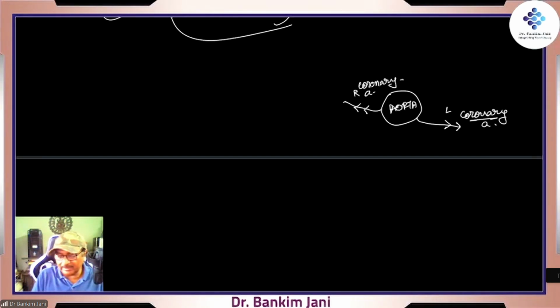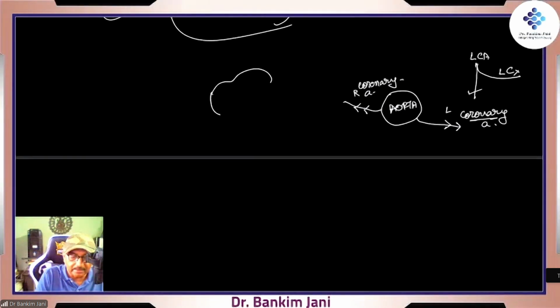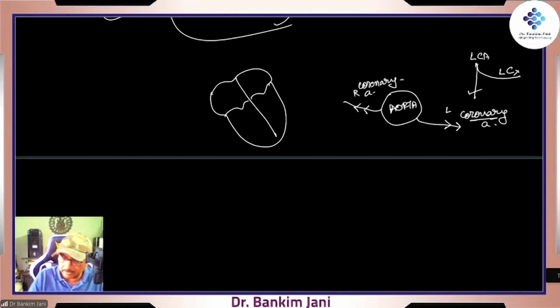Then later on we'll see that it is the left coronary artery, right? Left coronary artery goes like this, and then this goes like this. It's called the left circumflex. This left coronary artery gives one branch, what is called the septal branch. And the septal branch is the branch which is supplying, if I really draw it like this, you would appreciate that it is this part, the septum.